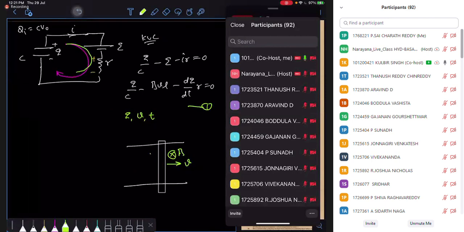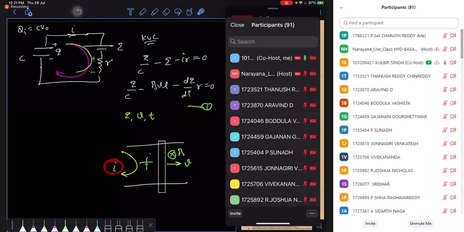We have taken the EMF in the upward direction, but I have assumed the current in the opposite direction. So force will go according to the current direction we assume, not the EMF direction, because force acts on the net current, and I assume my current goes against the EMF direction.